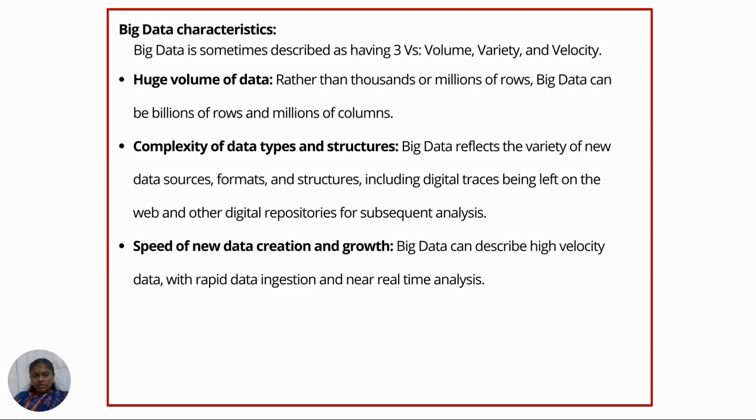Some organizations provide structured data, while social media like Facebook and Twitter generate unstructured data. Sometimes mail communication might be semi-structured data. So the pattern of data is not a predefined one. That is the second, that means a variety of data.